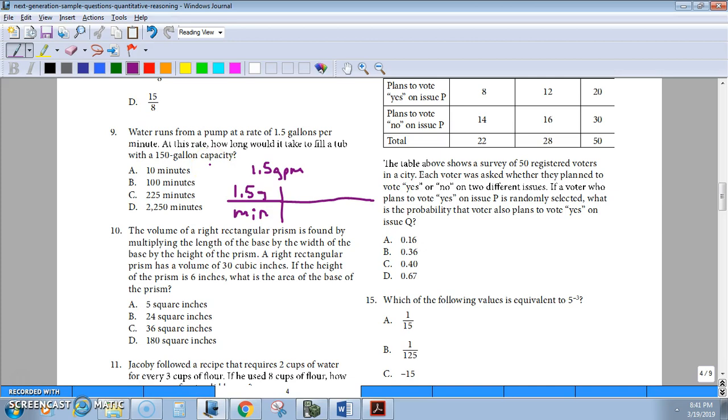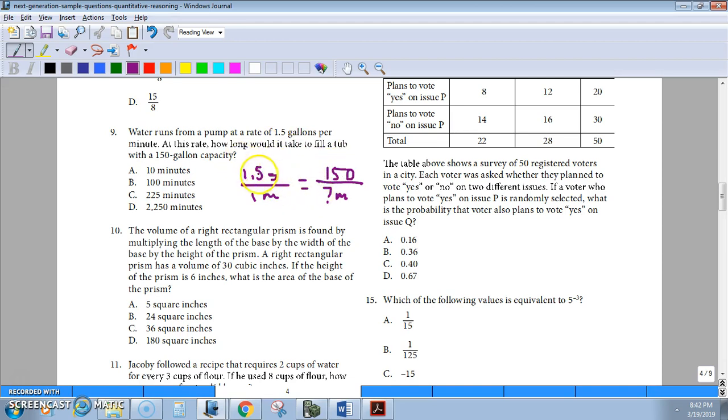Instead of doing this directly, I'm just going to set up a ratio: 1.5 gallons over 1 minute is equal to 150 gallons over a question mark of minutes. We want to know how many minutes.